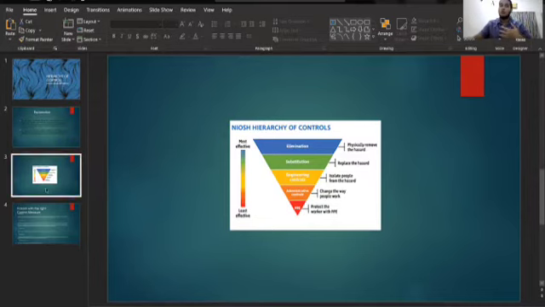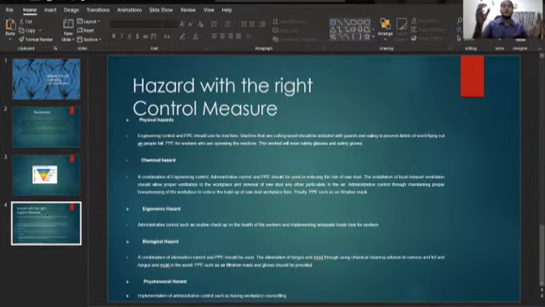Okay, so we go to the hazard with the right control measure. As we know, there are a few hazards, like I said just now: physical, chemical, economic, and so on. These are the further explanations for you all to understand which control measure best suits it.